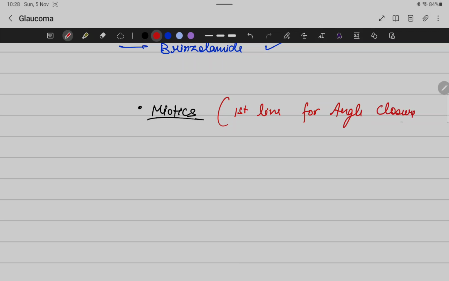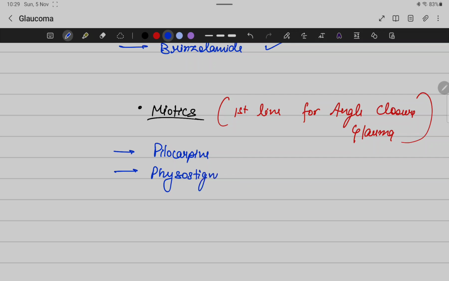Examples include pilocarpine, then your physostigmine, and ecothiophate. So miotics are the first line drugs for angle closure glaucoma.